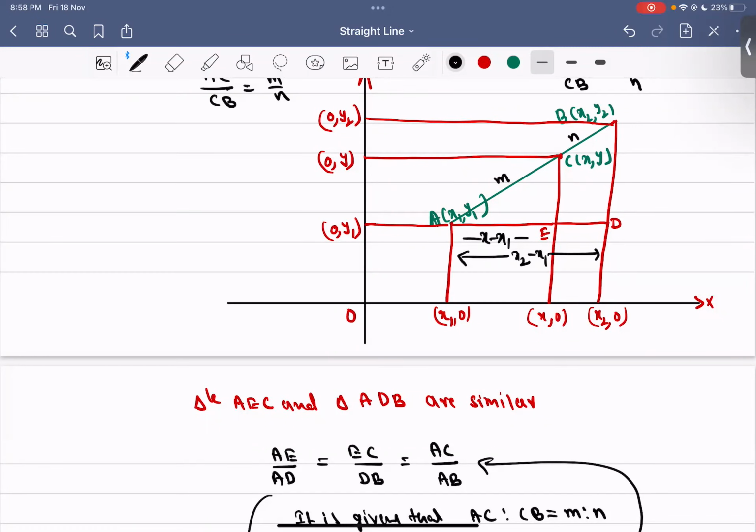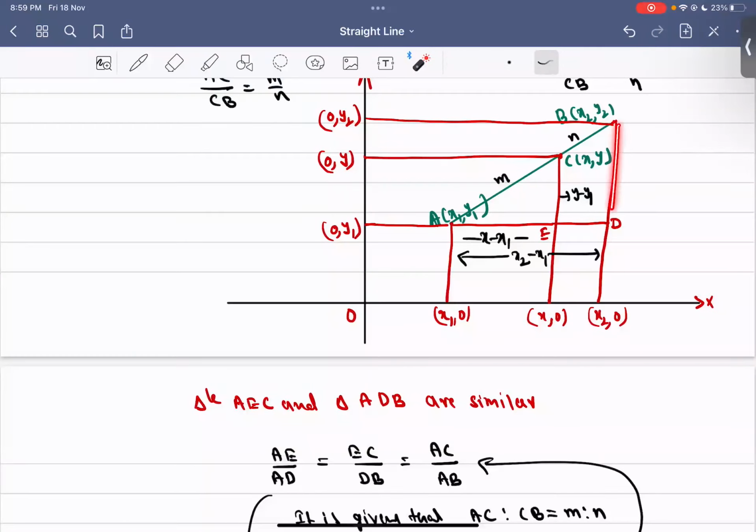This EC distance is equal to y minus y1, because this y minus y1 is equal to this one.